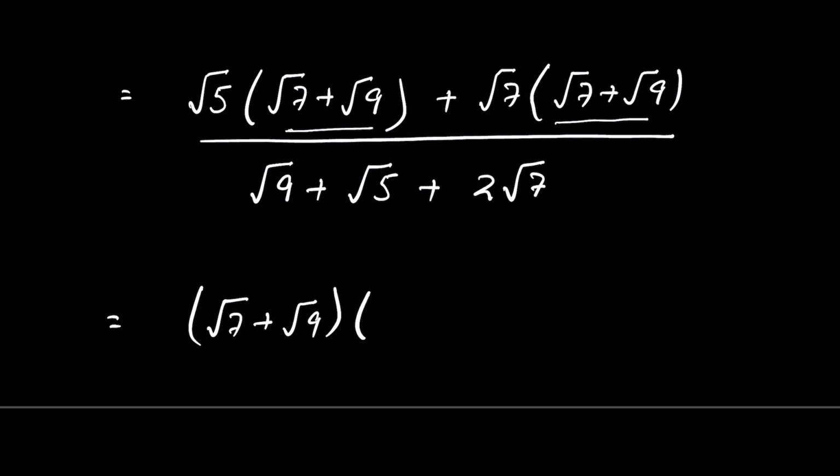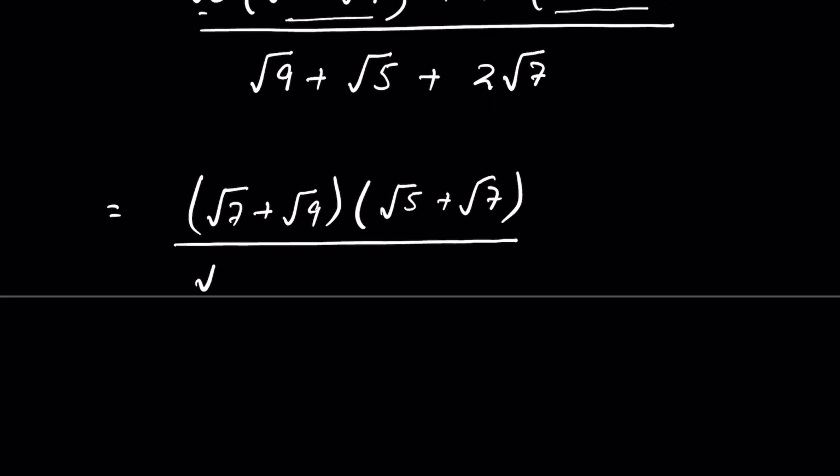Then square root of 5 plus square root of 7 upon square root of 9 plus square root of 5, 2 times square root of 7, this we can also write as square root of 7 plus square root of 7.